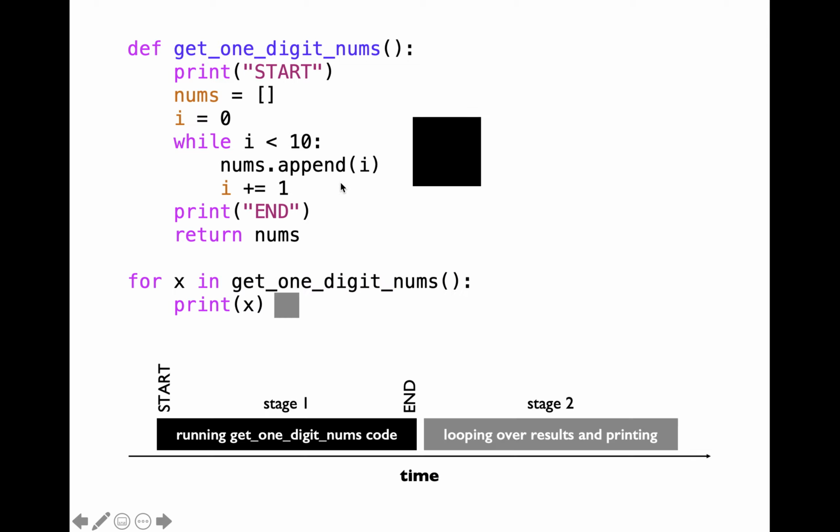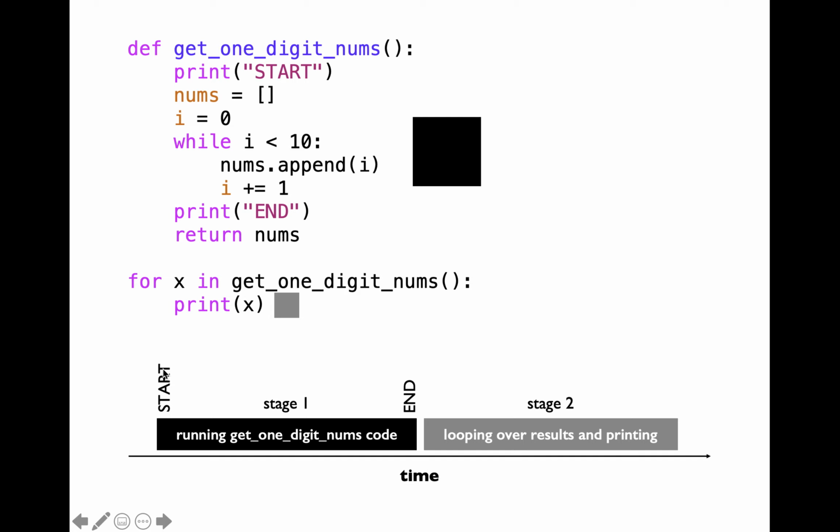If we draw a timeline diagram of how the execution of this snippet happens, and I tag the part of this function as black in color, and the for loop statement as gray in color, this would be the timeline that is being followed for the execution.